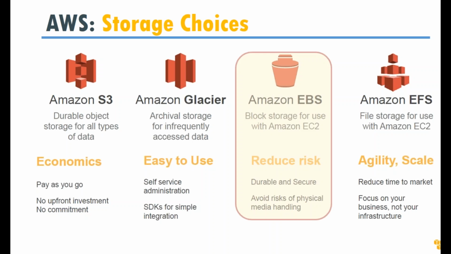So today in particular, we are going to talk about the third group of services, that is Amazon EBS, which is Elastic Block Store. Block storage for your compute instances or your servers.